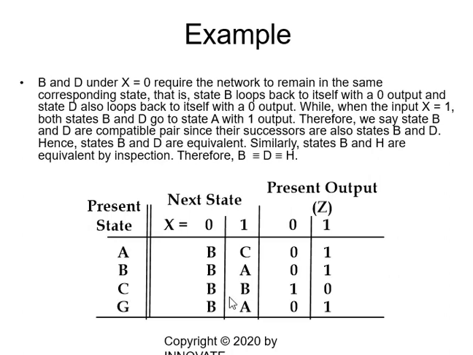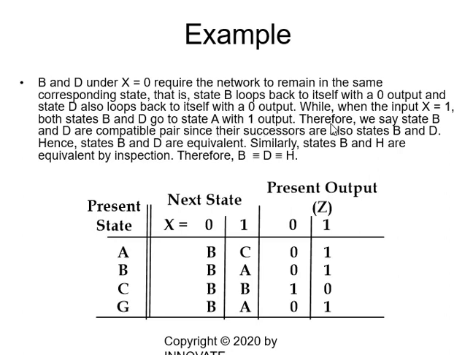Again, I have some literature write-up for you here, just in case, to avoid any confusion. We said B and D under x is 0 require the network to remain in the same corresponding state. That is, state B loops back to itself with a 0 output, and state D loops back to itself with a 0 output. While when x is 1, both state B and D go to state A with 1 output.